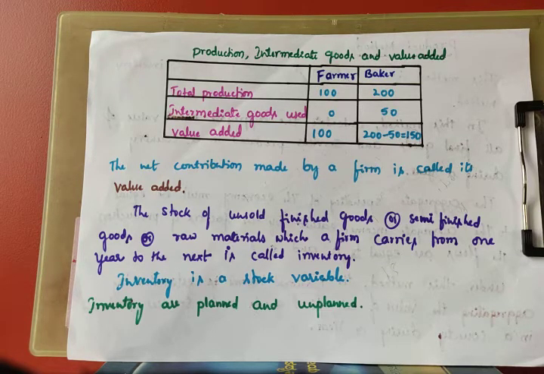The stock of unsold finished goods and semi-finished goods or raw materials which a firm carries from one year to the next is called inventory. That means we can say it is like stock. Inventory is a stock variable.